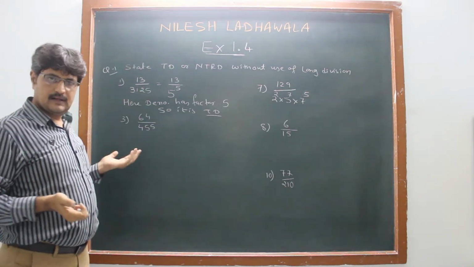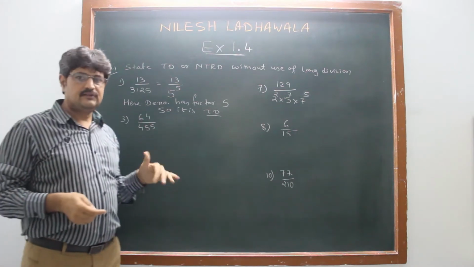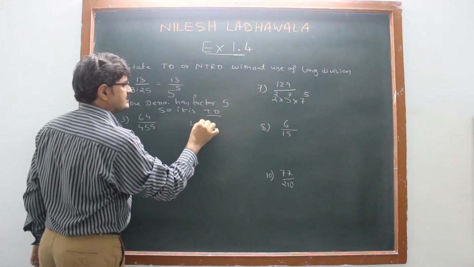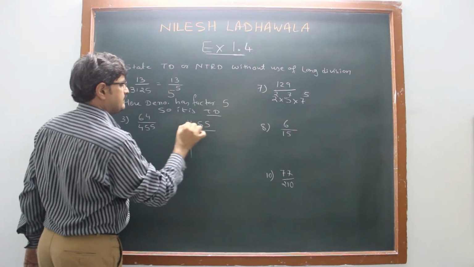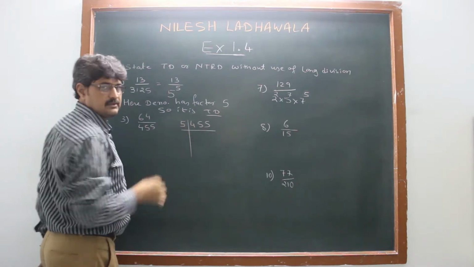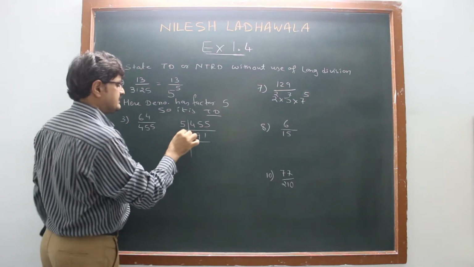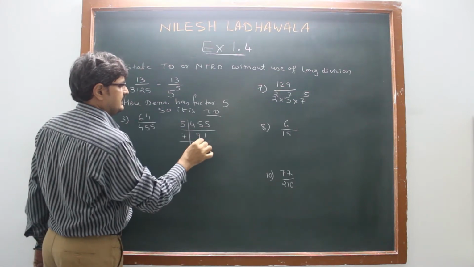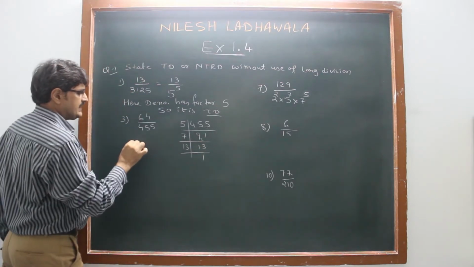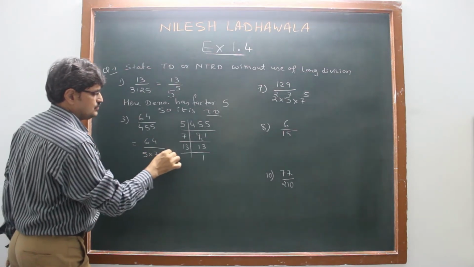An easy sum, nothing hard. Now the second one is 64 upon 455. We don't know the factors of 455, so we have to factorize it by the prime factorization method. Here the unit digit is 5, so it must be divisible by 5. 5 nines are 45, 5 ones are 5. Now it is divisible by 7: 7 ones are 7, 7 threes are 21, and 13 ones are 13. So I can write 64 upon 5 into 7 into 13.